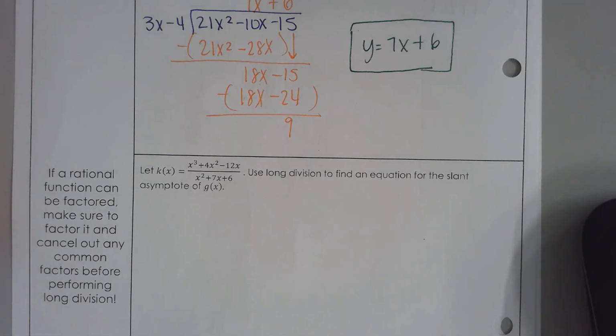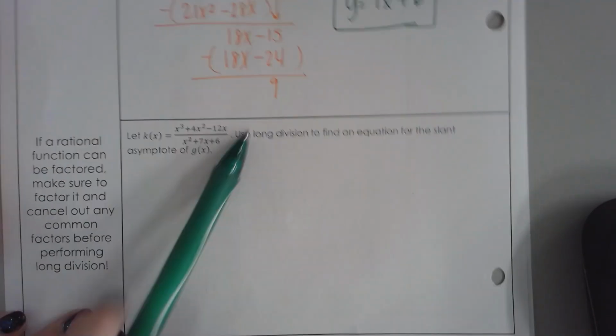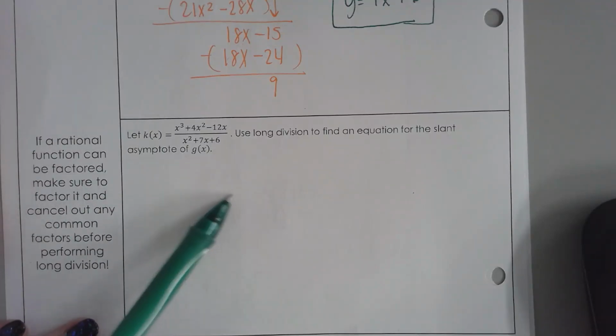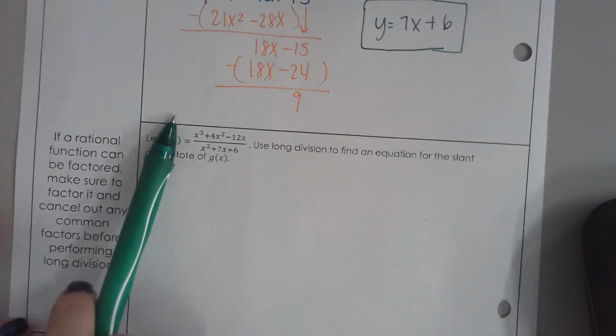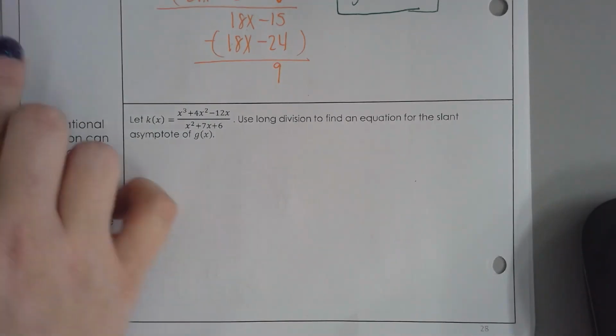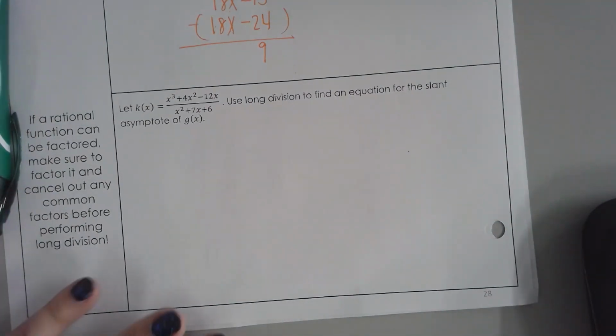So I'm going to show you how to do it with the whole thing, and we'll get the same slant asymptote. I don't know if it's any harder this way or not. You can tell me if you think it's harder. But I tested it out both ways, and you get the same slant asymptote.